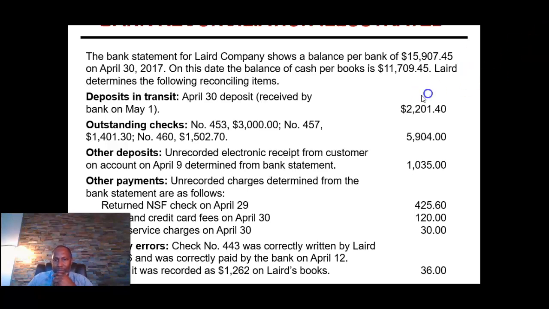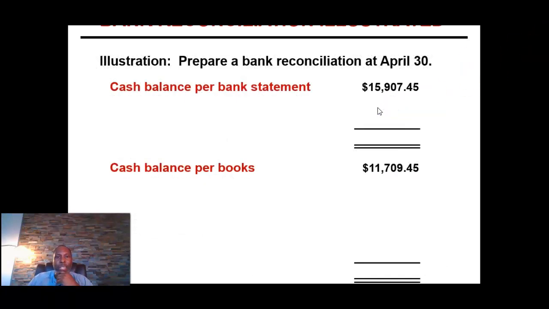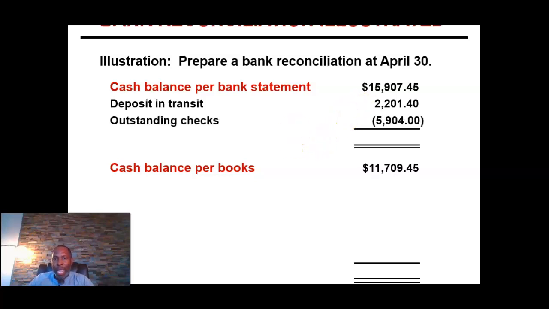Well, let's see. Let's begin with our balance per bank statement. We're going to add deposits in transit to that. Again, these are deposits made by the company, not reflected by the bank just yet. Subtract out any outstanding checks.